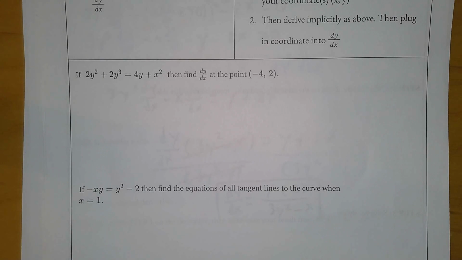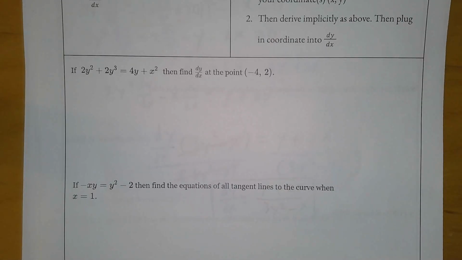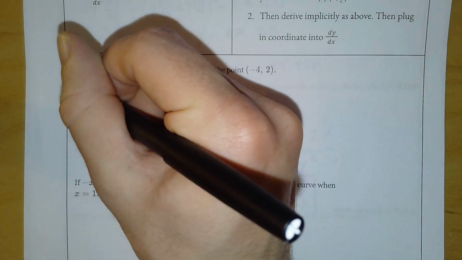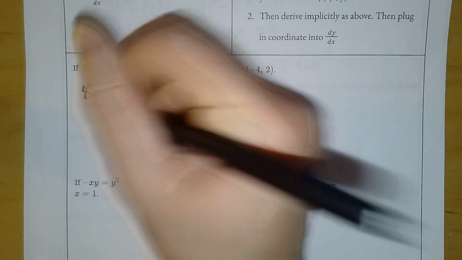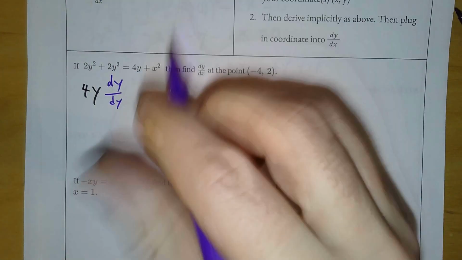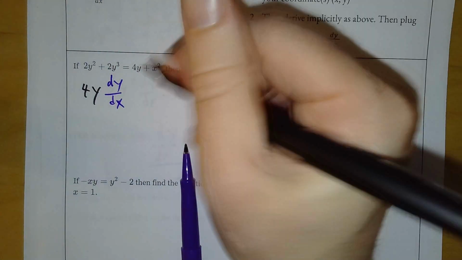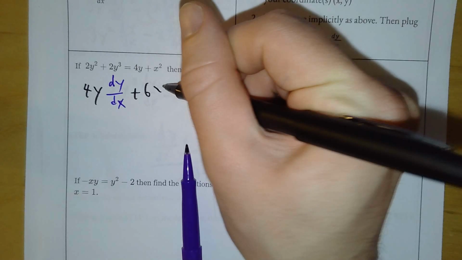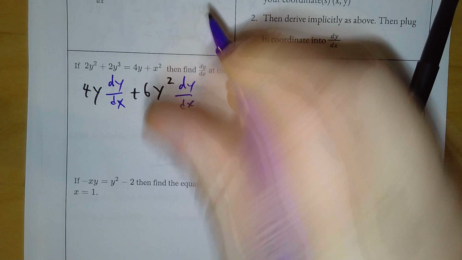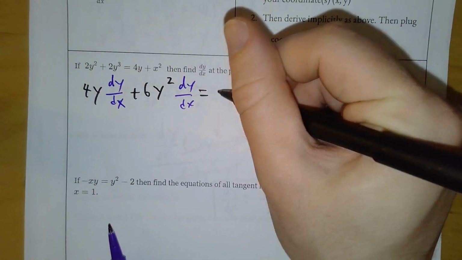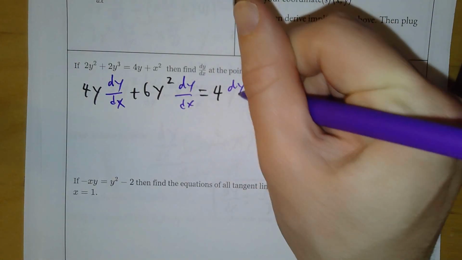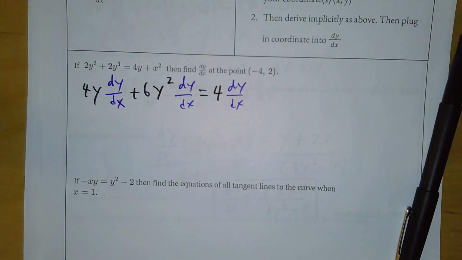We're going to have to differentiate this implicitly. I'm going to stick to that purple dy dx, but otherwise I might not be quite as detailed as normal. We're going to have 4y dy dx, because it's a y, plus 6y squared dy dx equals 4 dy dx plus 2x.